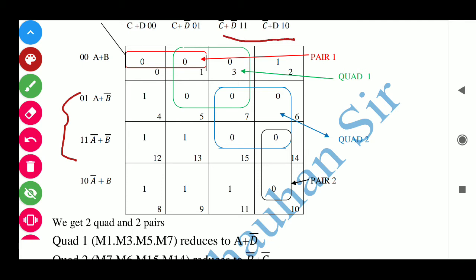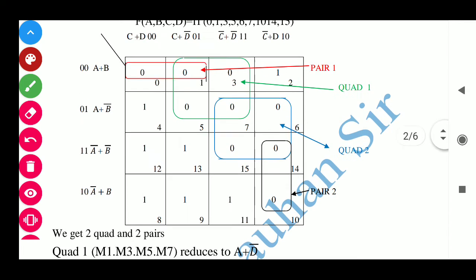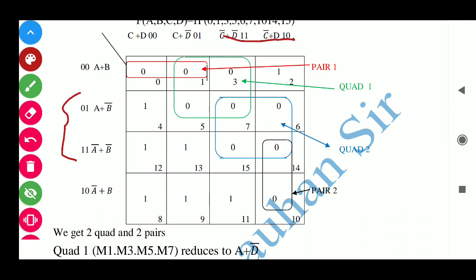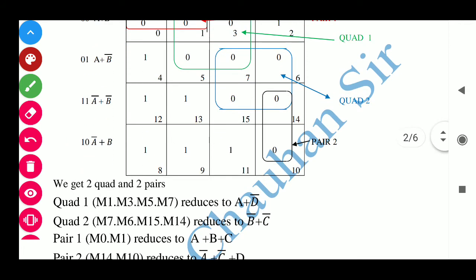So you can see here that B naught is not changing its state, and here you can see C naught is not changing its state. So we will take there C naught. Your reduced expression is B naught plus C naught.